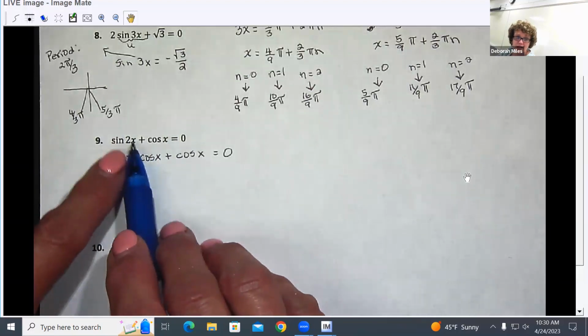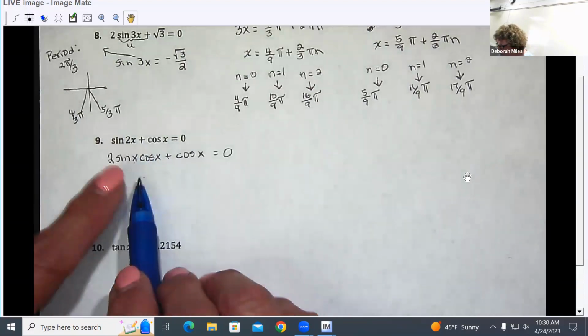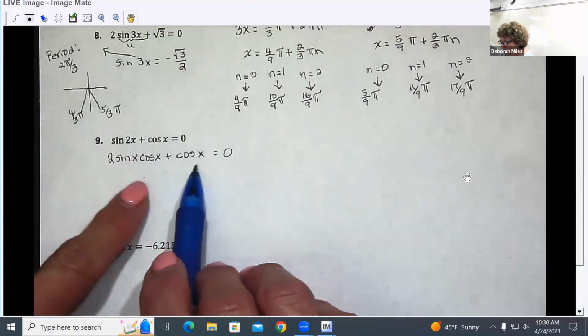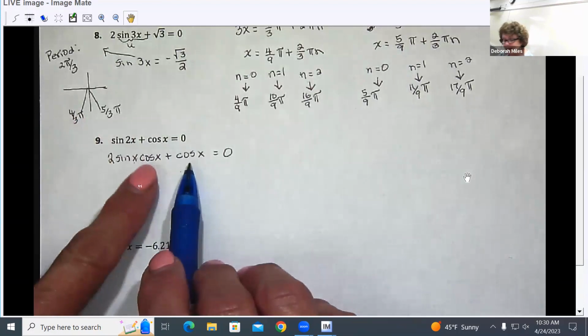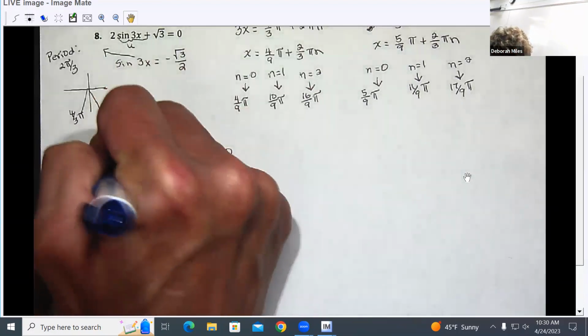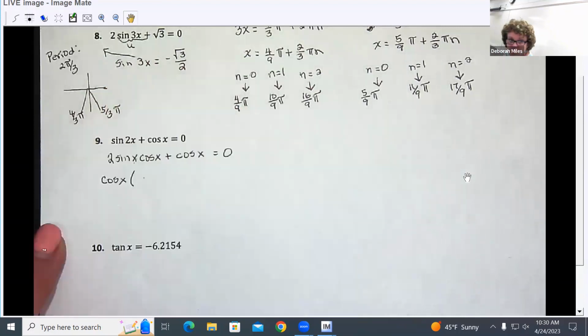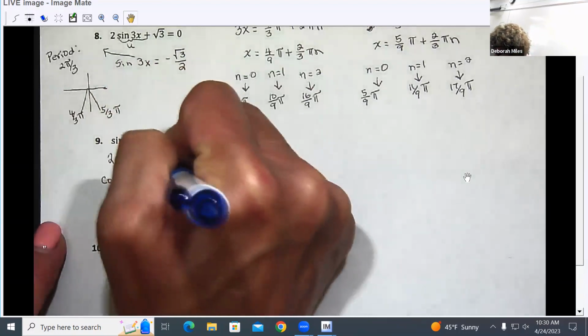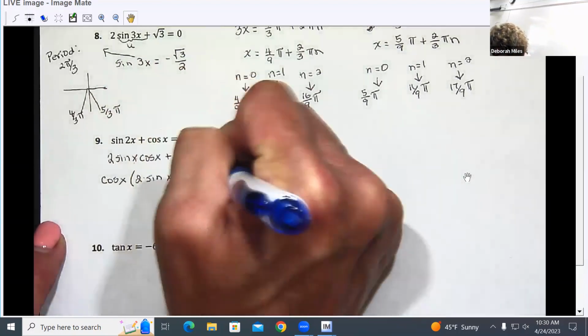I just couldn't think of anything else to do. So I used the double angle formula, look at this equation, and then I happen to notice I can factor out a cosine x. If I factor out a cosine x, I'll be left with 2 sine x plus 1.